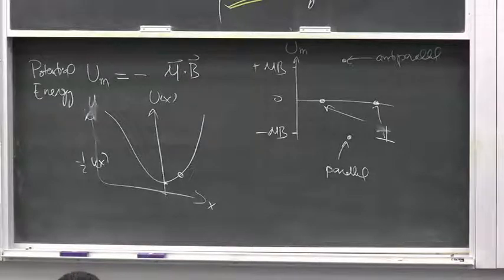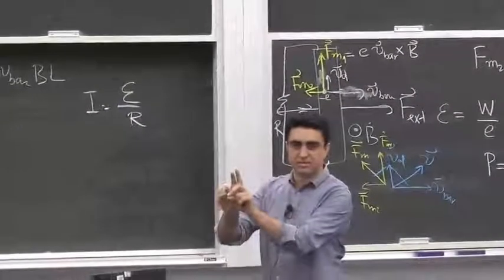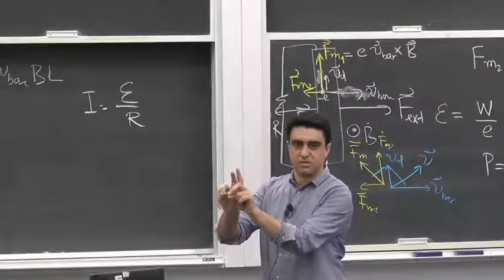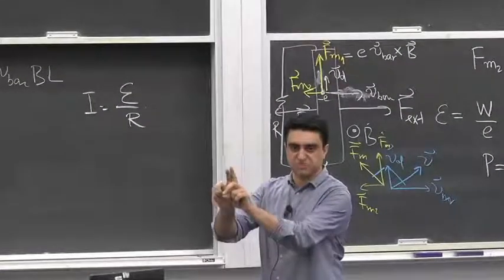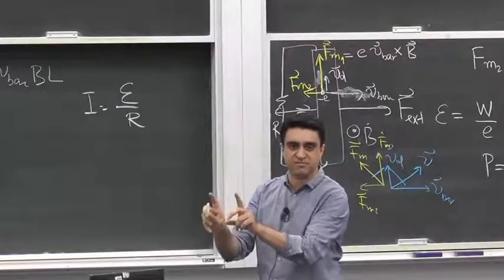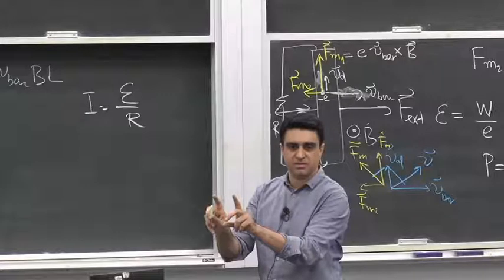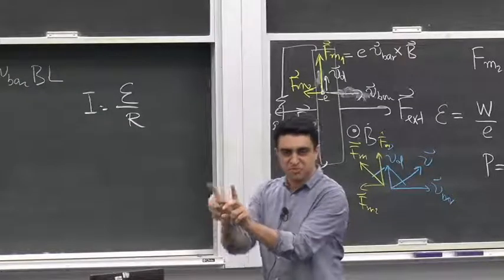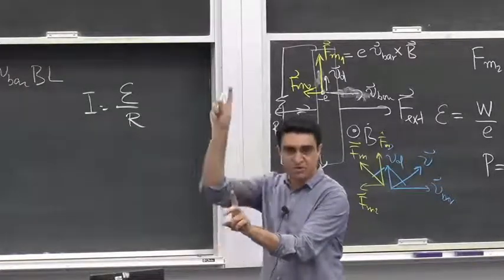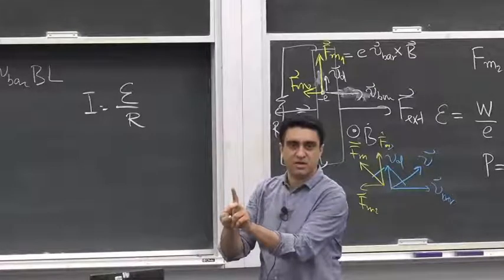When mu and B are parallel, yes. If you leave it at that position, it would stay there. But if you move it from either side, the potential suddenly goes up.